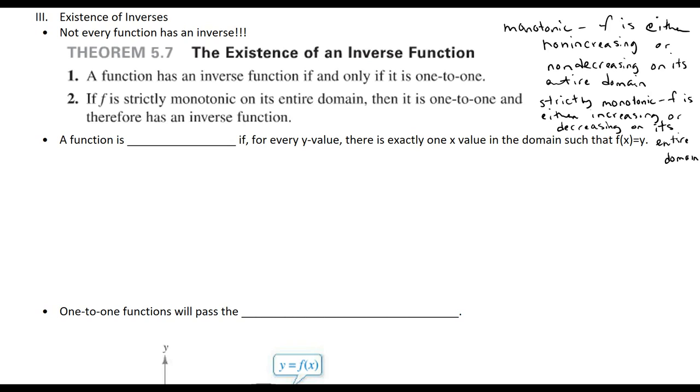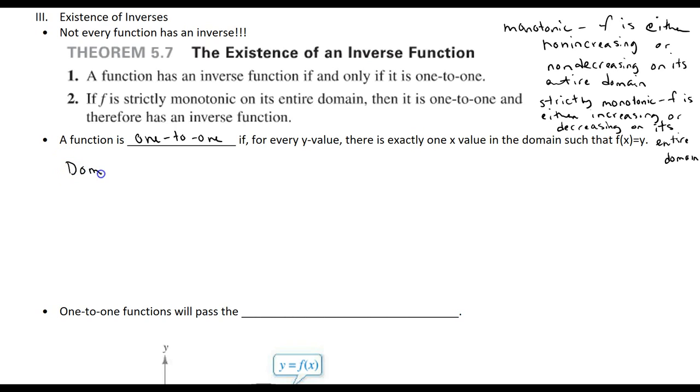So the other term that we use here is the idea of a one-to-one function. And a function is 1 to 1 if for every y value there's exactly one x value in the domain such that f of x is equal to y.